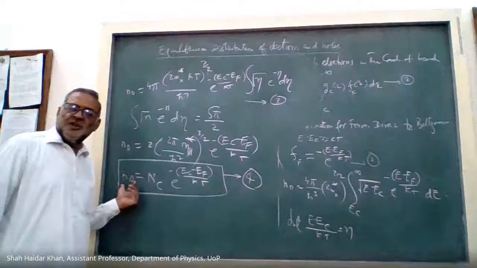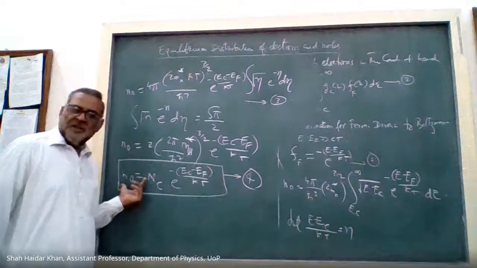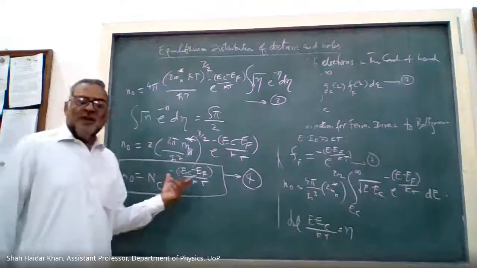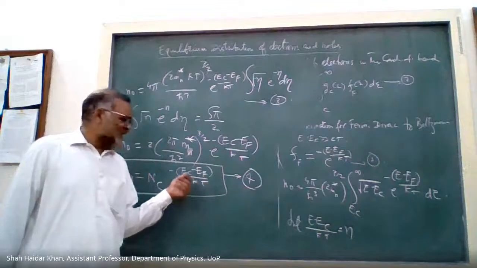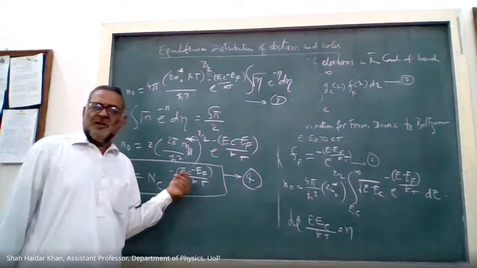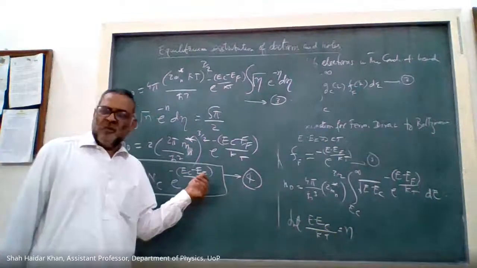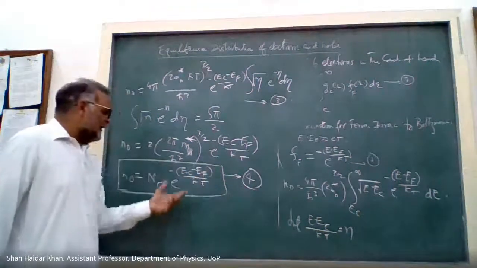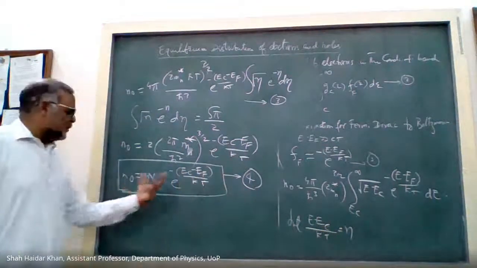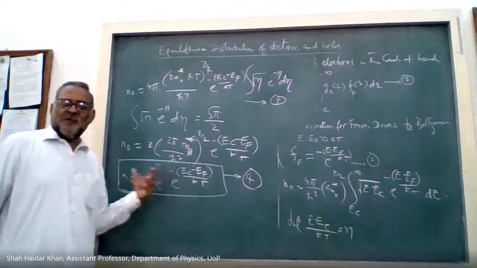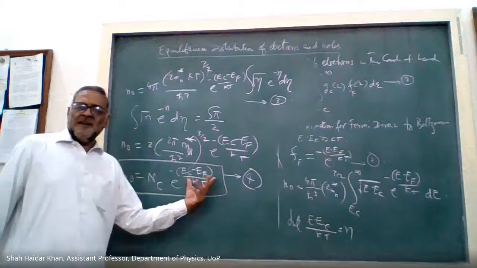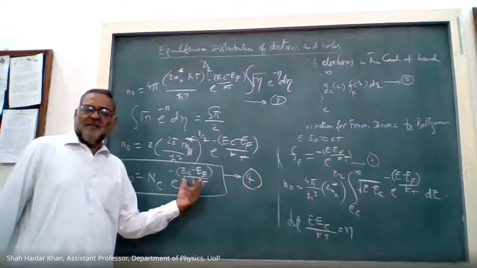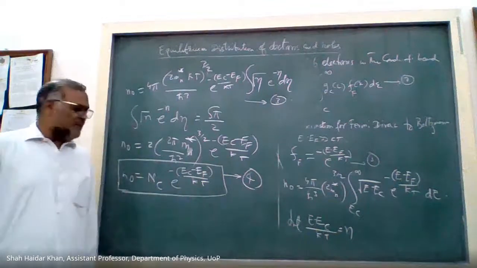That is proportional to the exponential of the negative of EC minus EF over KT at a certain temperature.